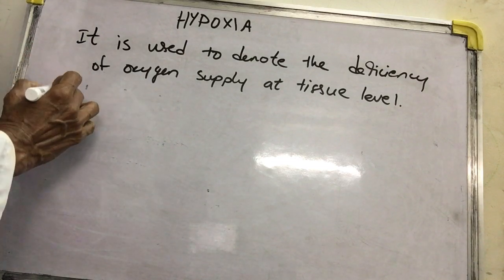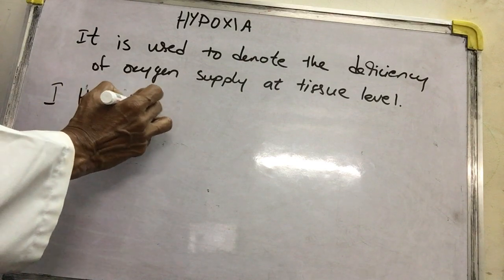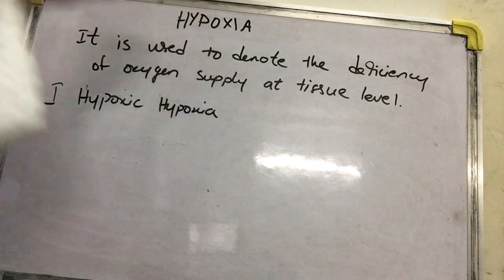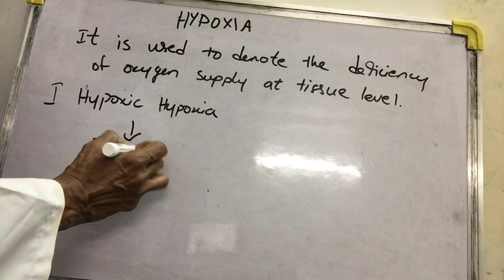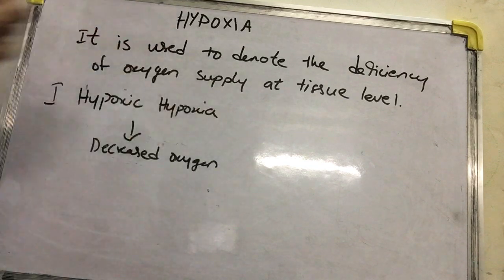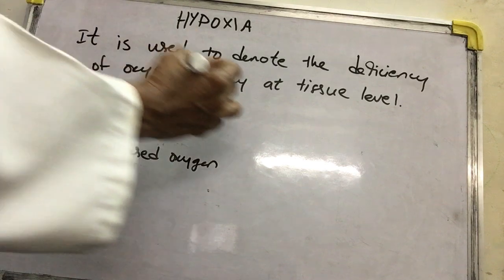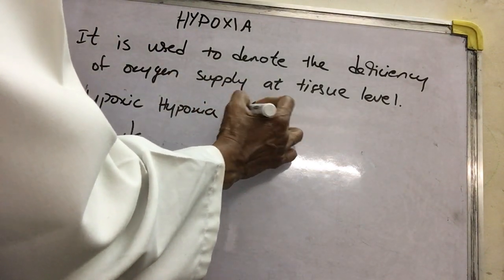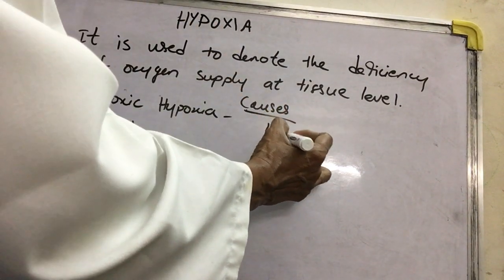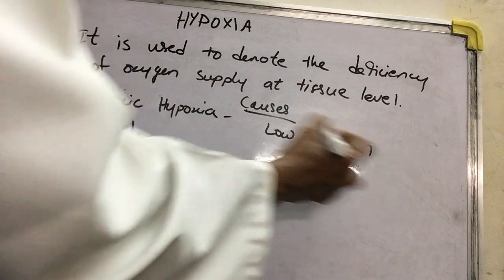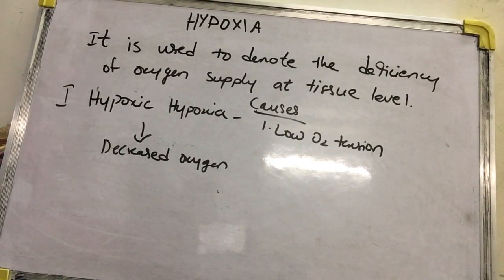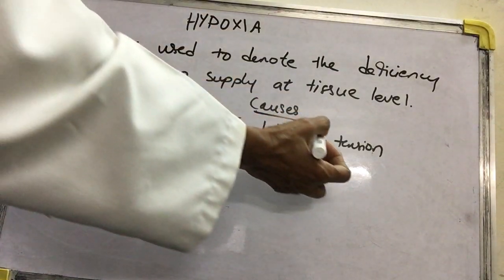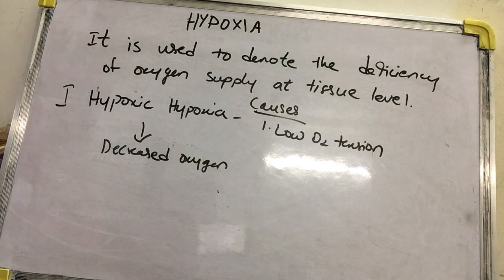First, coming to hypoxic hypoxia. Here there is decreased oxygen, and the causes can be low oxygen tension, which is usually seen at high altitudes and when breathing artificial gases.